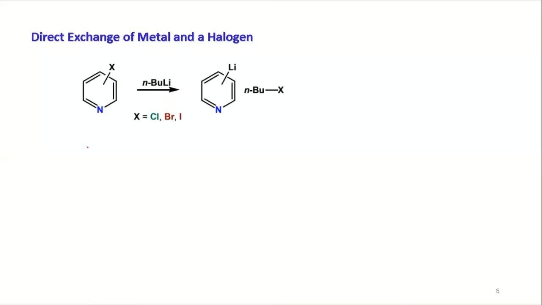Now, another reaction is the direct metal-halogen exchange. That means you have a substrate having a halogen. So we have X here, where X is the halogen. Now you are reacting it with butyl lithium. What is going to happen? If you have the halogen, remember one thing: butyl lithium will generally prefer to react directly with the halogen and do the lithiation.